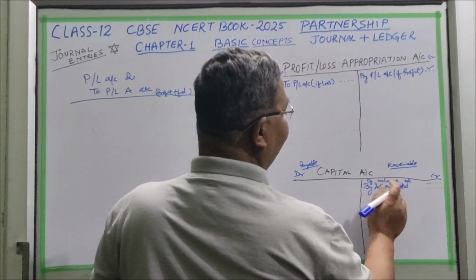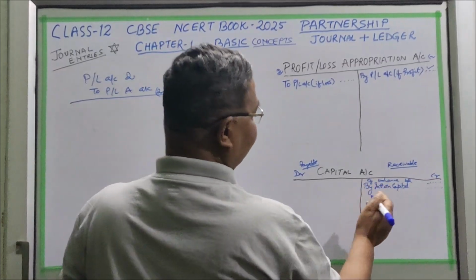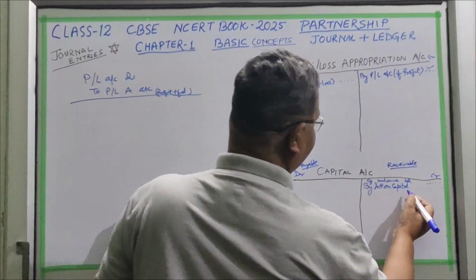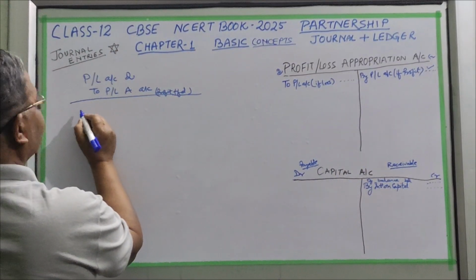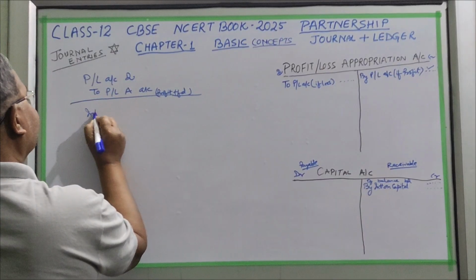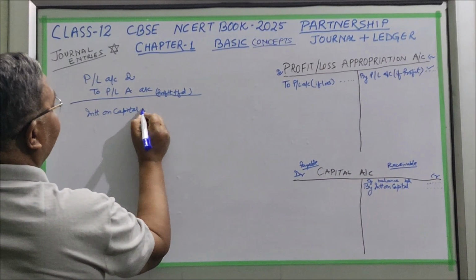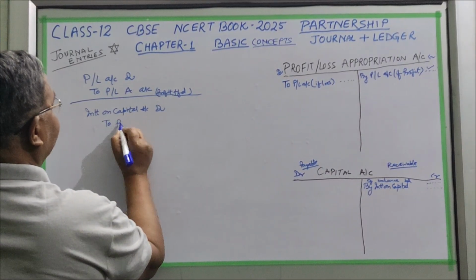So for balance brought down, there is no journal entry. No journal entry is required for balance. By interest on capital, it means one journal entry comes here: interest on capital account debit to partner's capital account.